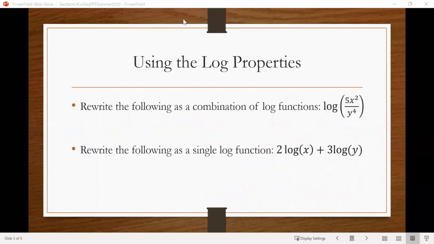Now on the second one, we have 2 times log of x plus 3 times log of y. We're going to do the opposite, so we want to condense this into a single log function. The first thing I notice is there are numbers being multiplied out front. As we just talked about, when you have log of something to a power, you can bring the power down to the front.